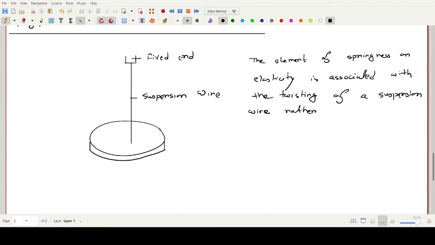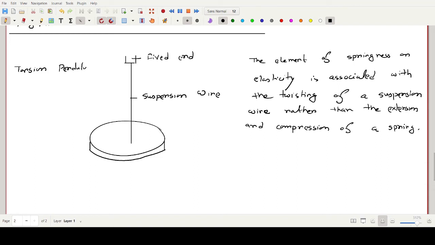This setup is also called a torsion pendulum, with torsion referring to twisting.